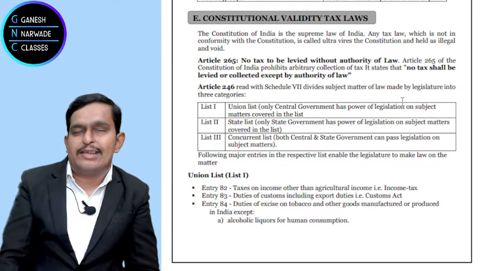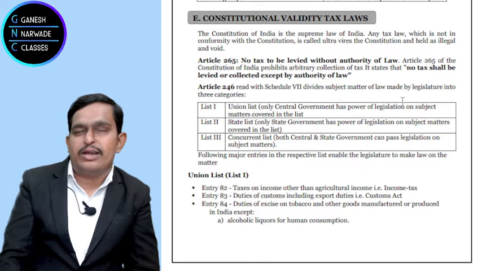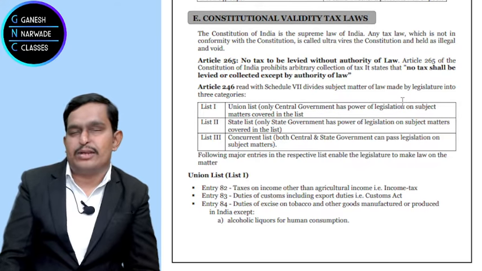Now why is this type of structure made? You understand that our country, Bharat, is basically a federal structure. Federal structure means, do you know what is federal structure? Federal structure means dual government. Dual government means there is a central government, there is a state government.